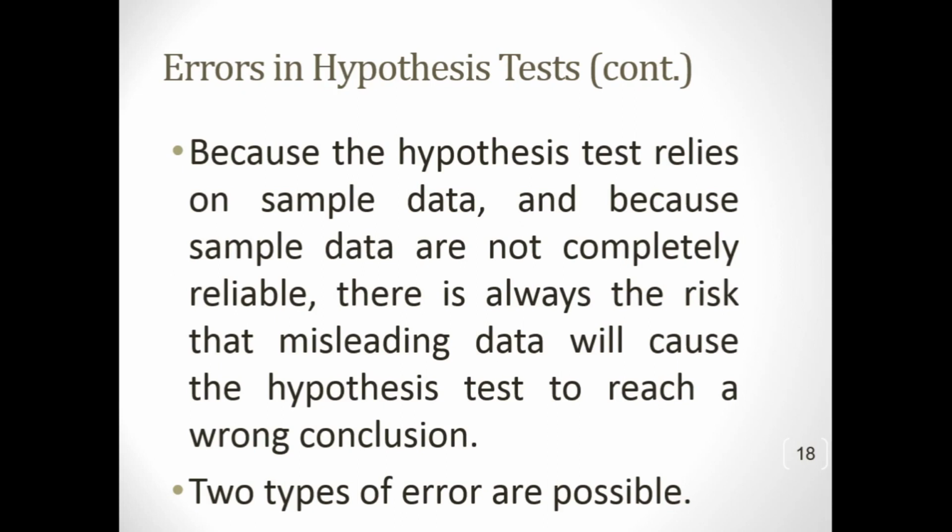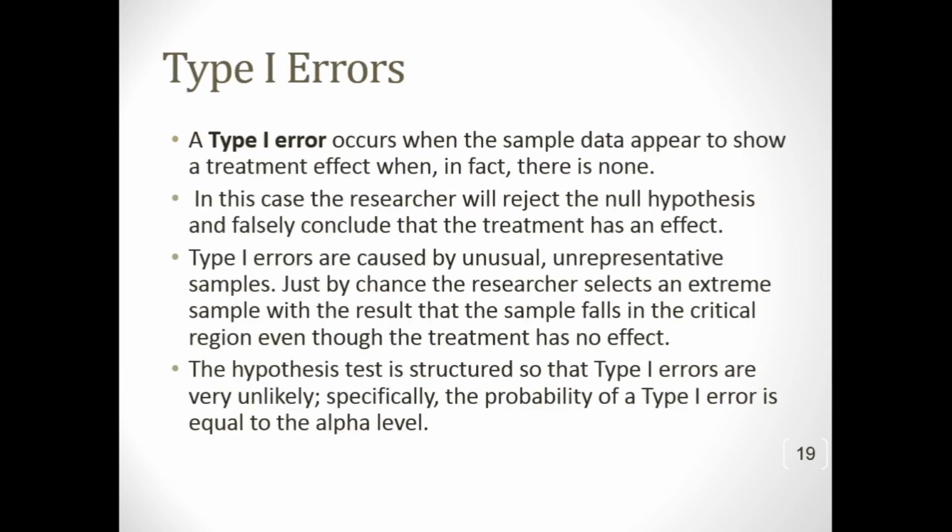Error type 1. Type 1 errors occur when the sample data appear to show the treatment effect when in fact there is none. In this case, the researcher will reject the null hypothesis and falsely conclude that the treatment has an effect.